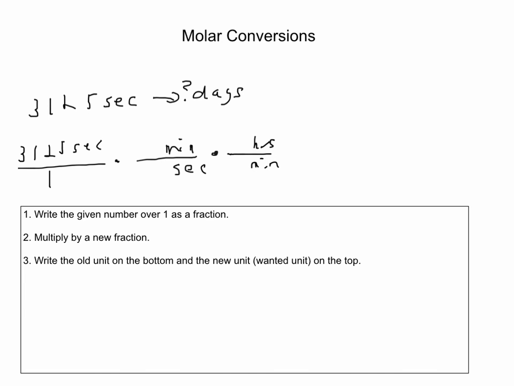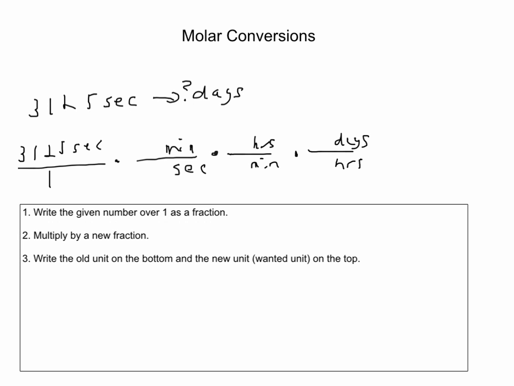And now, again, I can write another fraction. Old unit is now hours. New unit, now I do know hours and days. And I can finally get to the wanted unit. So step 3, you must repeat as necessary, or repeat until the wanted unit is reached.